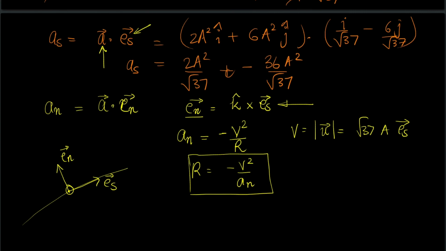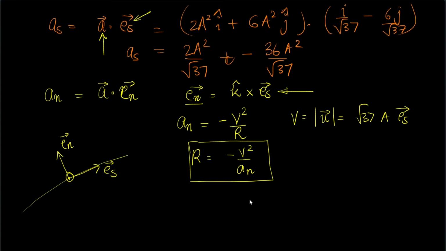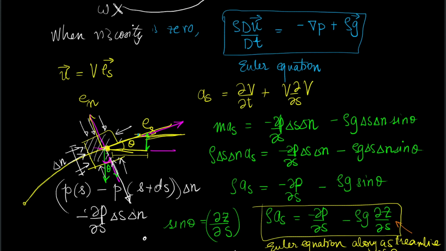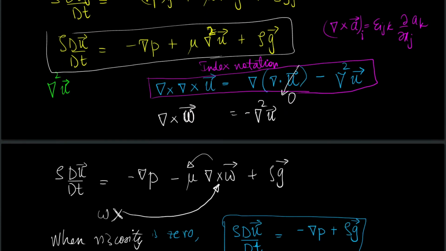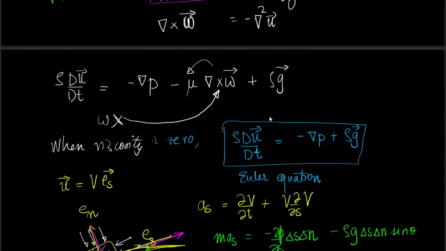So with this, we've covered aspects of the Euler equation in Cartesian coordinates and in curved coordinates. In fact, if you look at the appendix of any book, when you use a cylindrical polar coordinate system, you will find that this particular derivative, when you split, so for a cylindrical polar coordinate system, you have the velocity in the e theta coordinate and the e r coordinate.